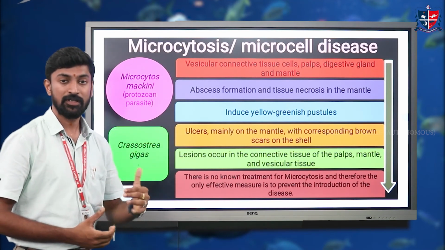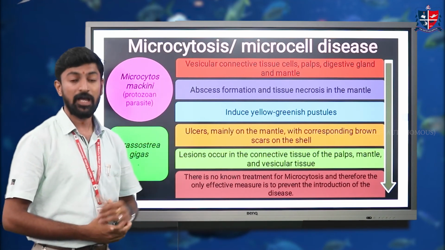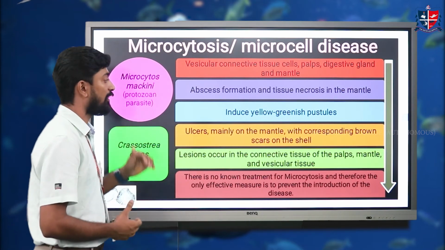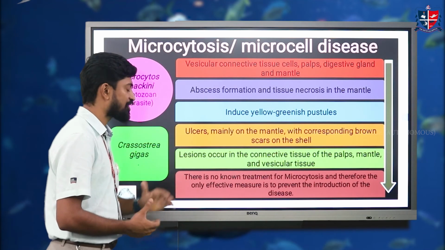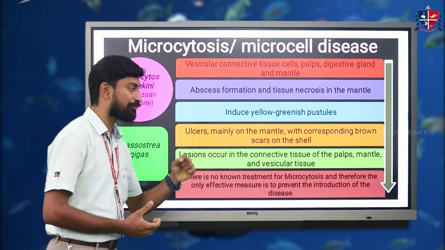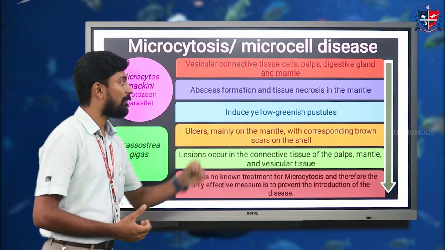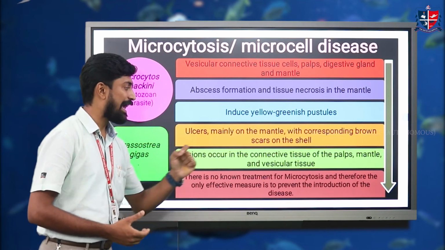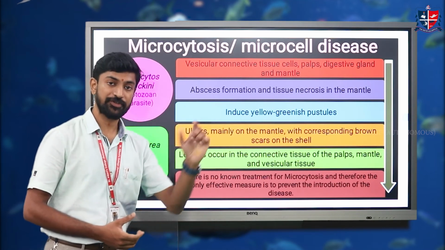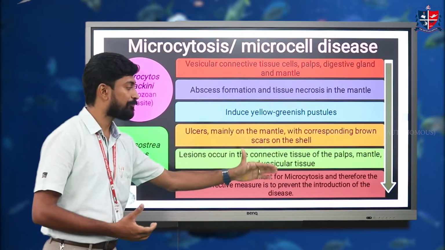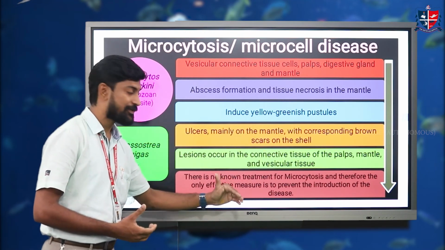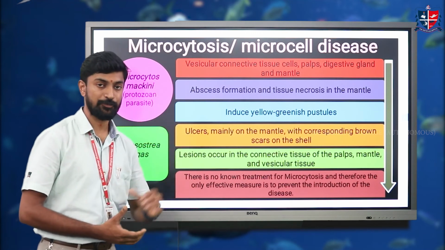Lesions occur in the connective tissues of pulp, mantle, and vascular tissue.